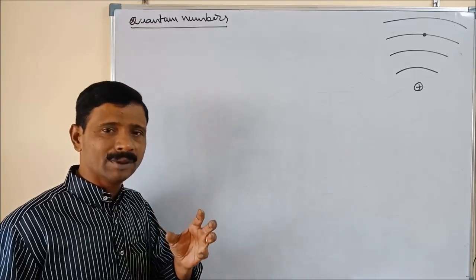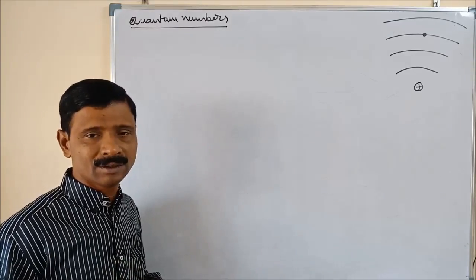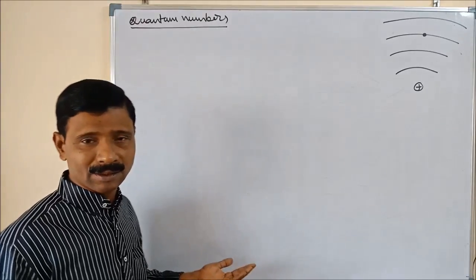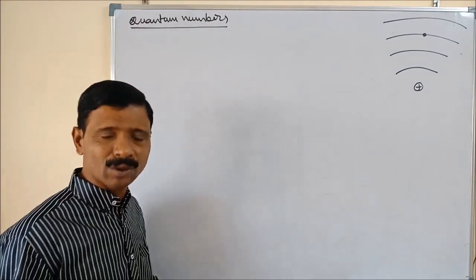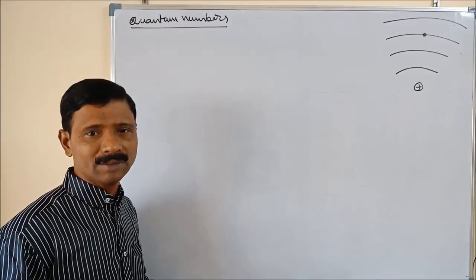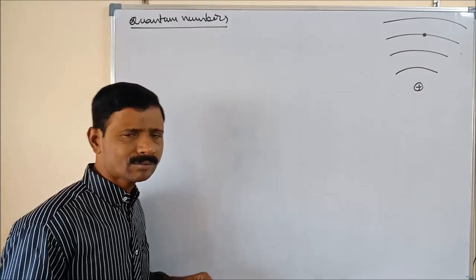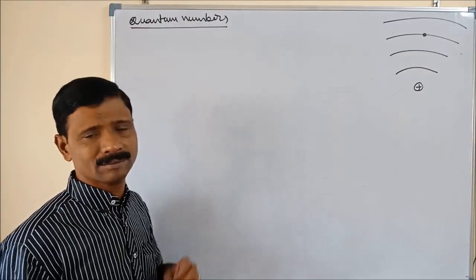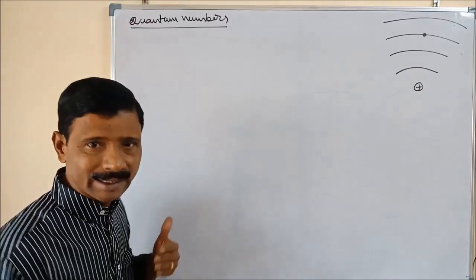Those 4 numbers which help us to explain the electron in detail are what we call quantum numbers. Now, among them, one by one, we will go in detail.